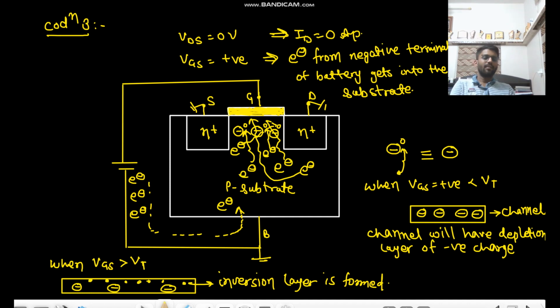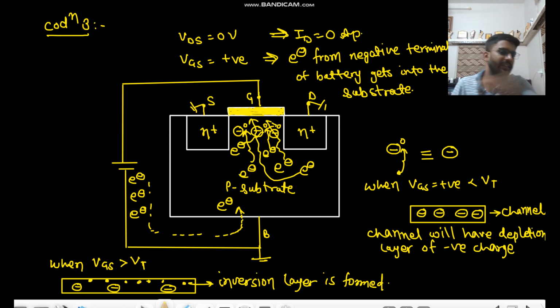If VGS is greater than VT, some electrons are getting accumulated near the oxide layer, in the substrate. So the P channel is looking like an N channel, so the inversion layer is formed. Do you understand this point?